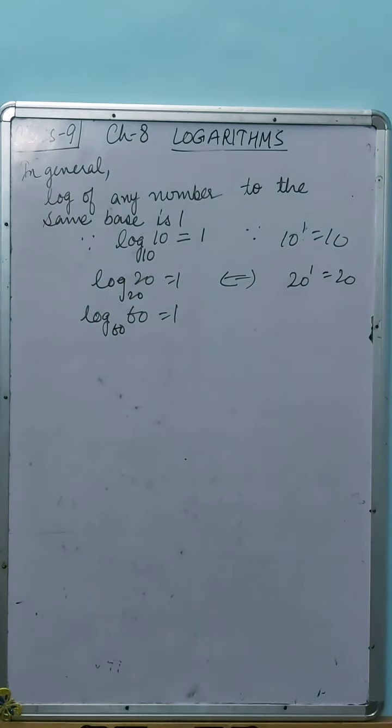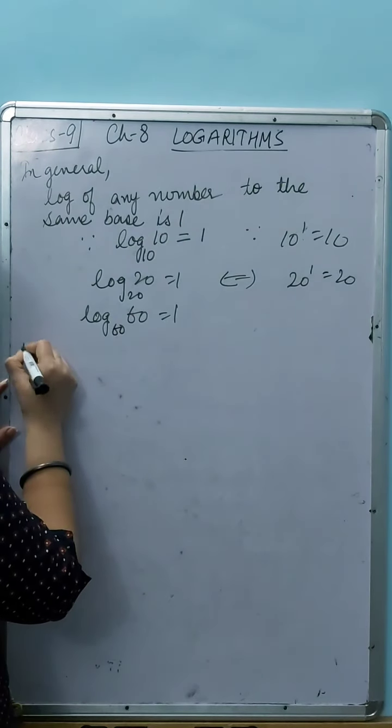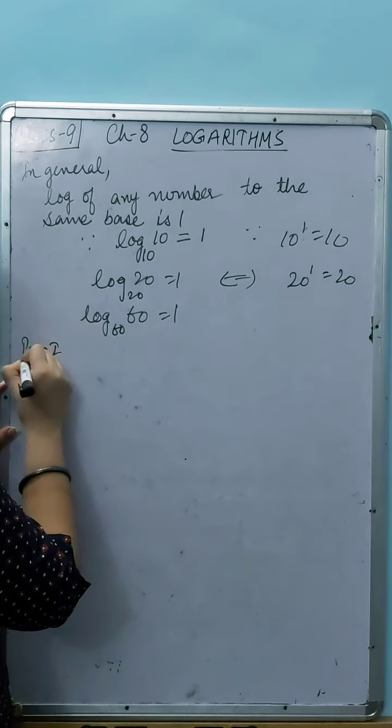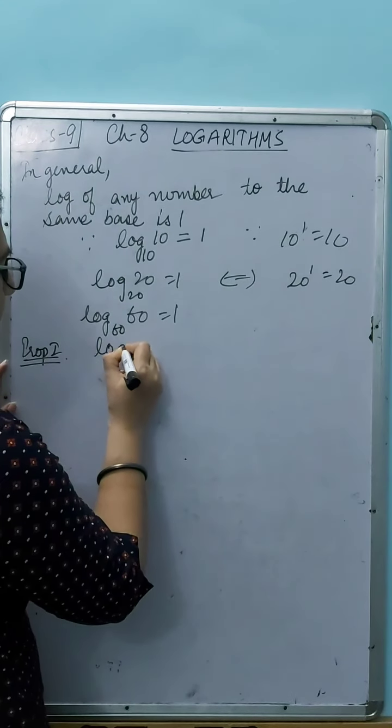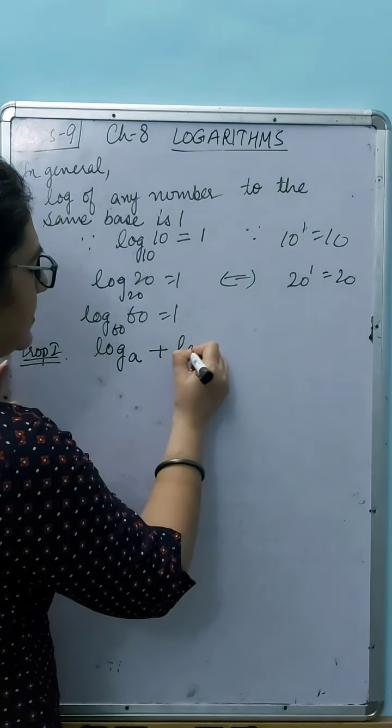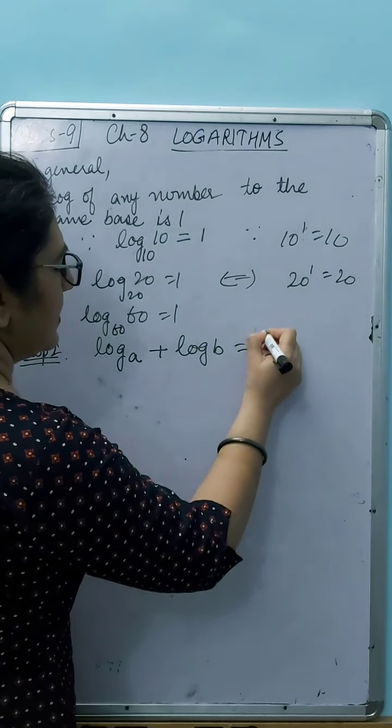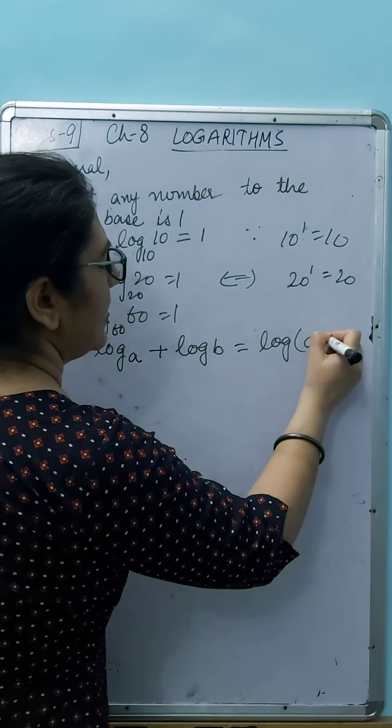The next one is the properties of logarithms. The very first property is log of A plus log of B is log of AB.